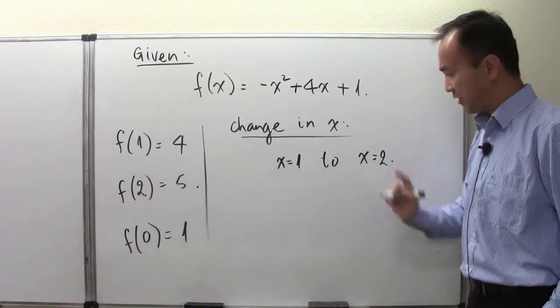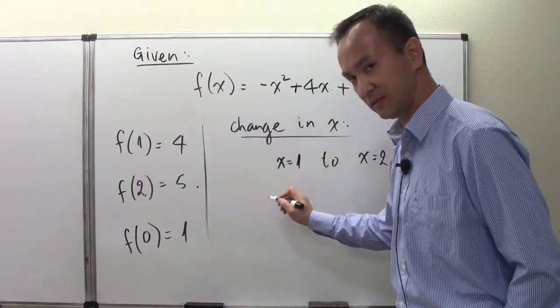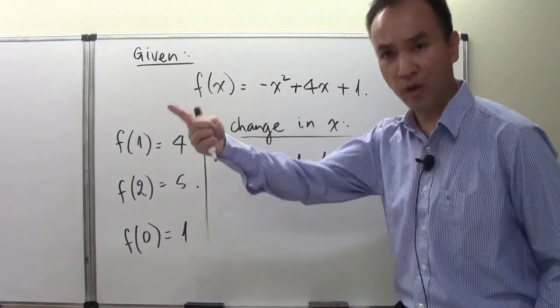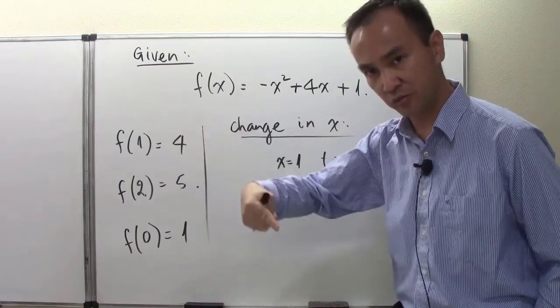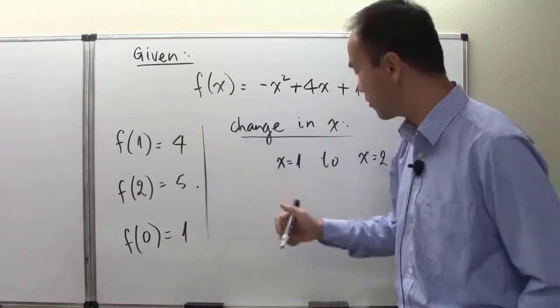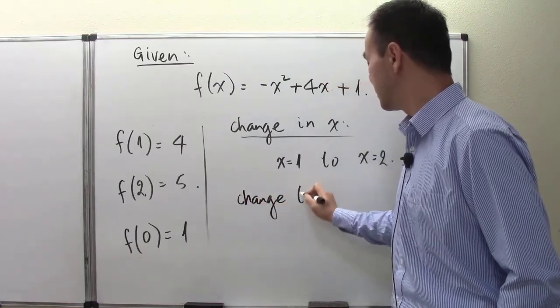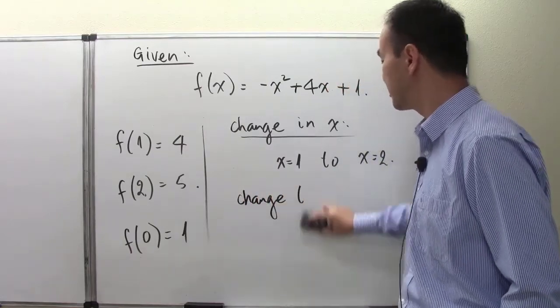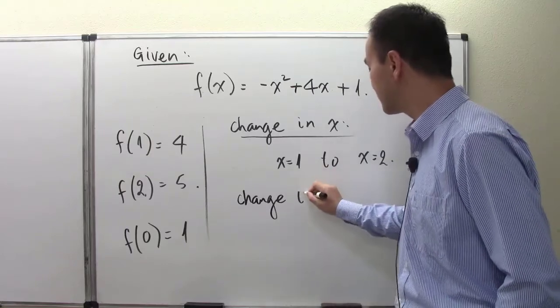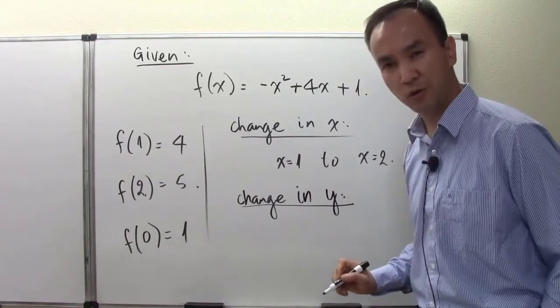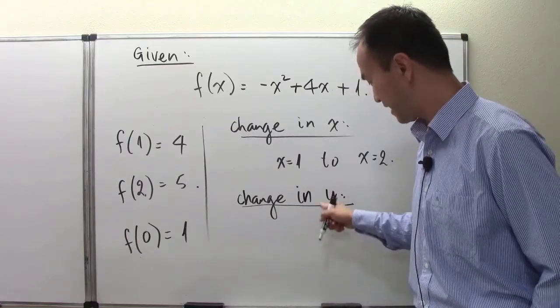For that change in x, as I mentioned earlier, along with this change, we realized there was a change in the output vertical value. So in this case, we also noticed there was a change in the y value, the outputs.